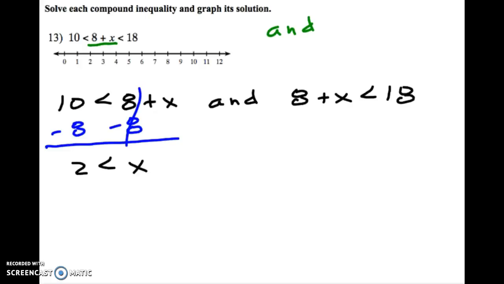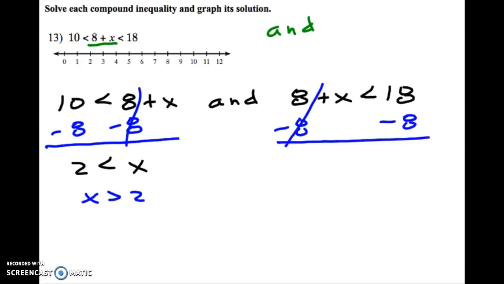So we get 2 is less than x, or if we like writing it out the other way, x is greater than 2. On the right side, once again, we're going to subtract the 8. We should get x is less than 10.